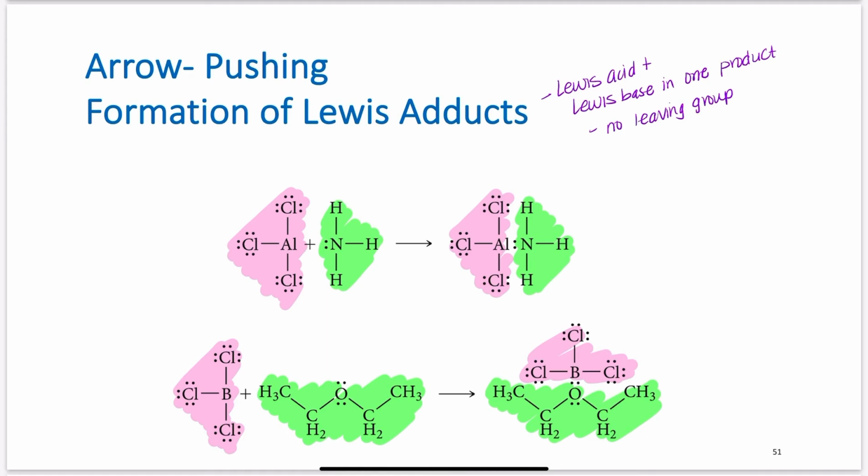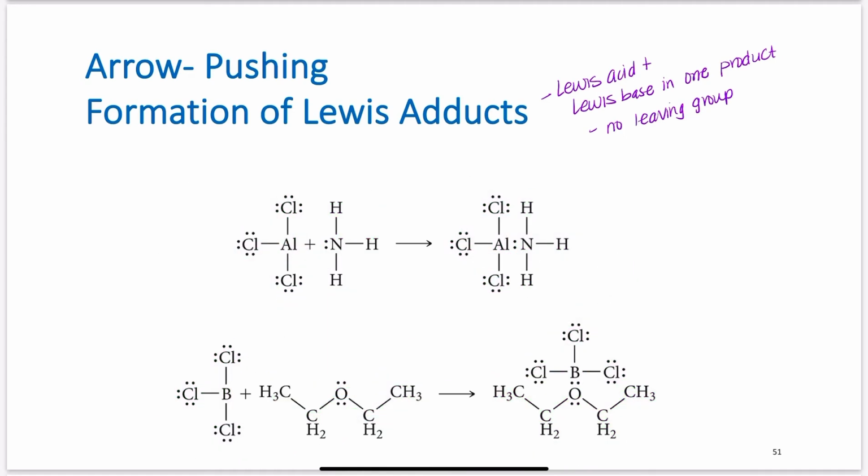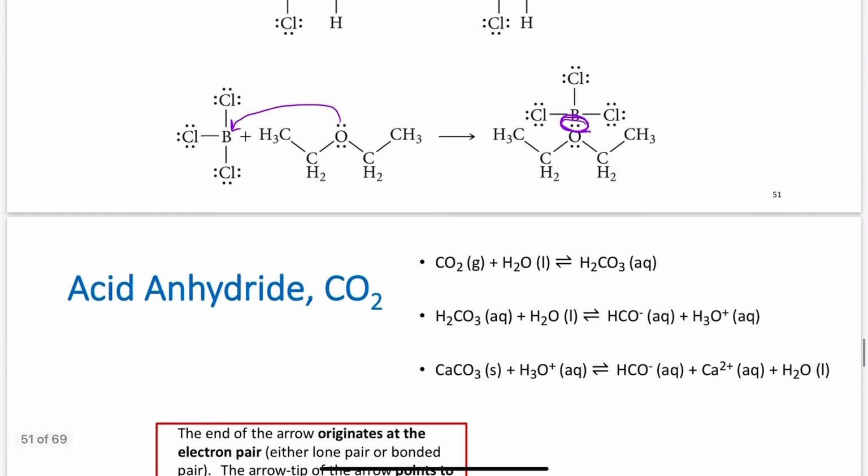So everything that went in is part of the product. That is an adduct. We can still draw the arrows here. They go from the electron pair to a more positive atom, and a bond is formed.